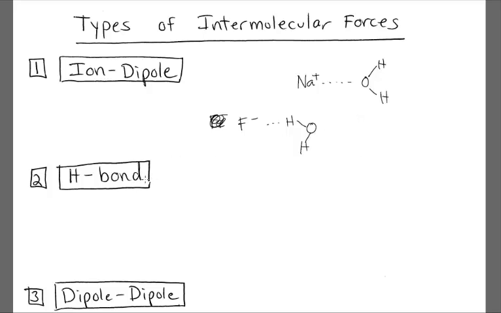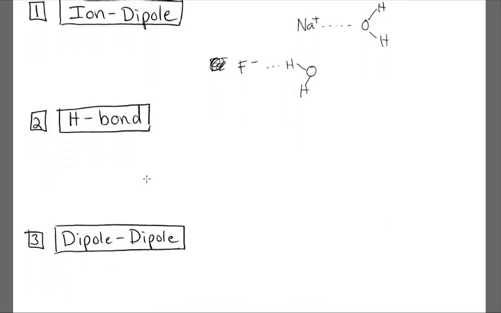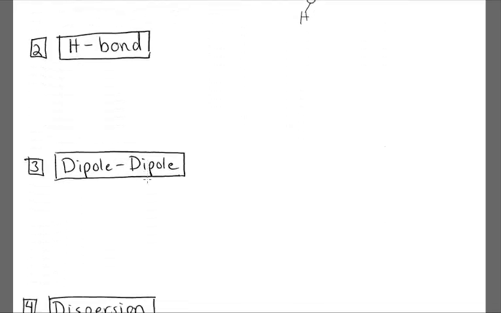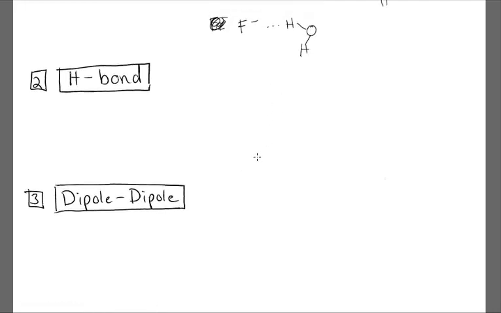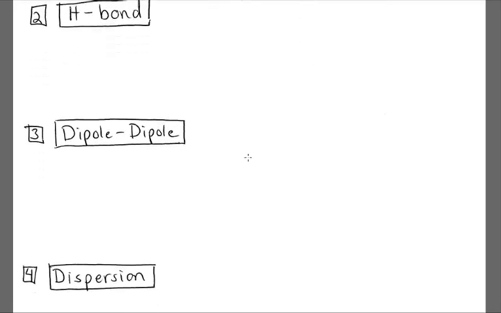All right, I'm going to skip hydrogen bonding for a minute and go down to dipole, dipole. And this is where you have 2 things with a dipole. Instead of above where you have an ion and a dipole, you have 2 dipoles, such as ICl. Okay, and you have a dipole, you have a more negative side and you have a more positive side of the molecule. And again, if you have another one nearby, there's also a negative side, or positive side here, and a negative side here.